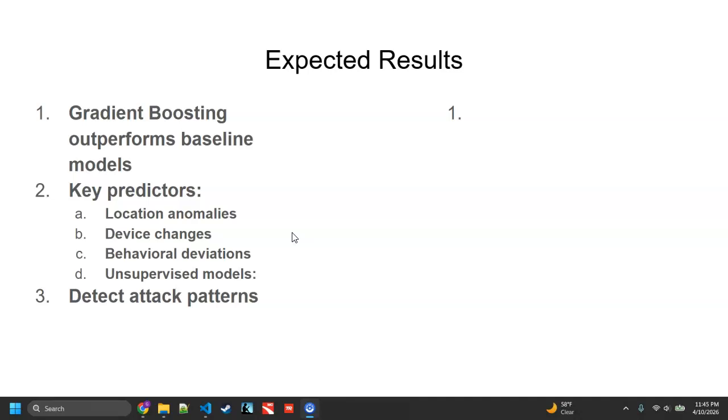And of course, unsupervised models are expected to identify anomalies that are not captured in the labeled data, which is important for detecting new attack patterns. These two approaches should provide strong and flexible detection capabilities.